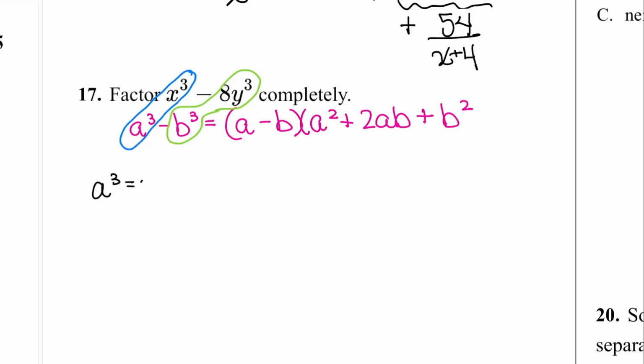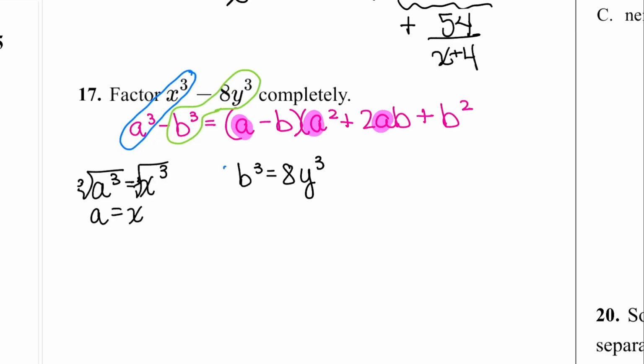If a cubed is x cubed, we can take the cube root of both sides. So a is just x. We're just going to replace every single a that we have with an x. Now we have b cubed equals 8y cubed. So we're going to take the cube root of both sides.